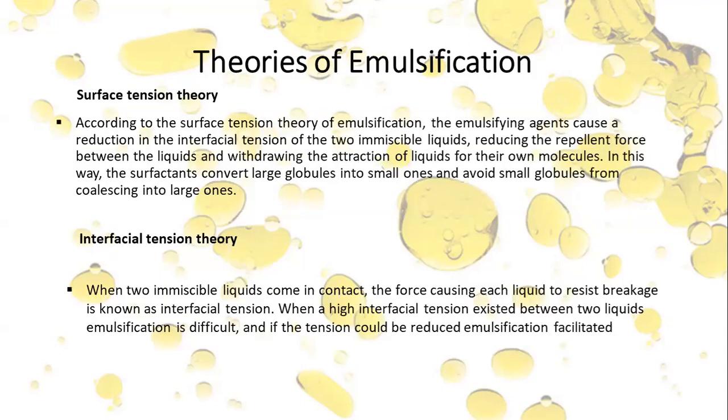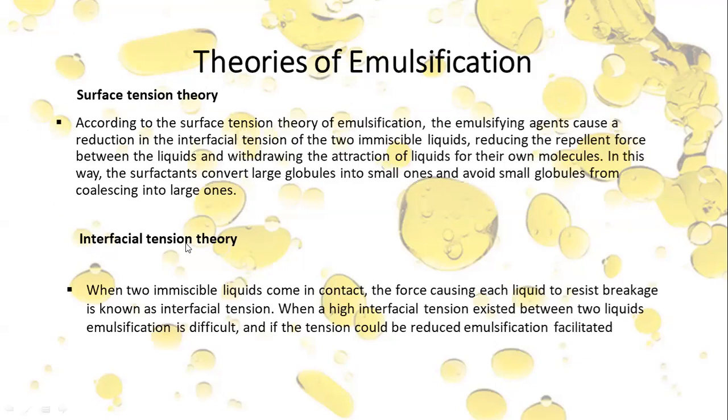In case of surface tension theory, the surfactants convert large globules into small ones and prevent small globules from coalescing into large ones.